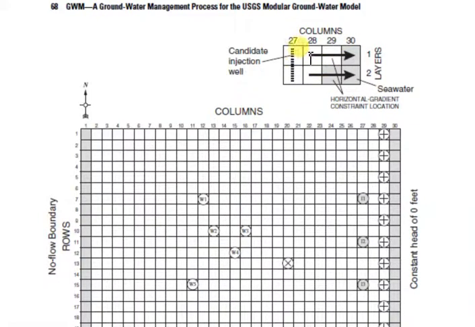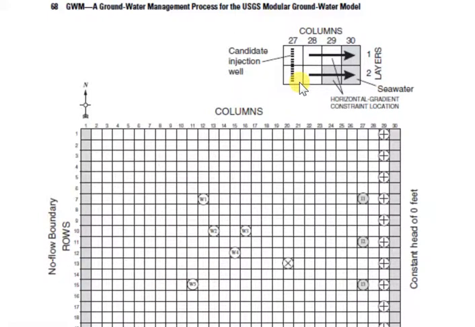Horizontal gradient constraints, head difference constraints, will be used to force a gradient, and also vertical head difference constraints will be used. Note that some of the candidate wells are screened over multiple layers.